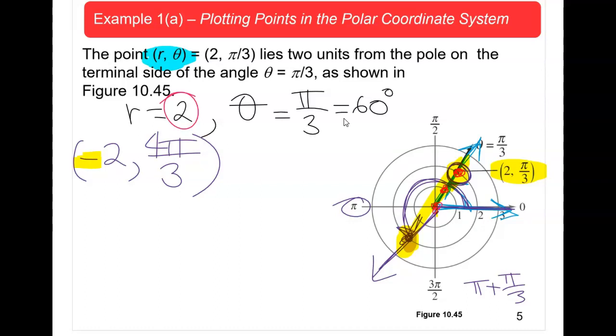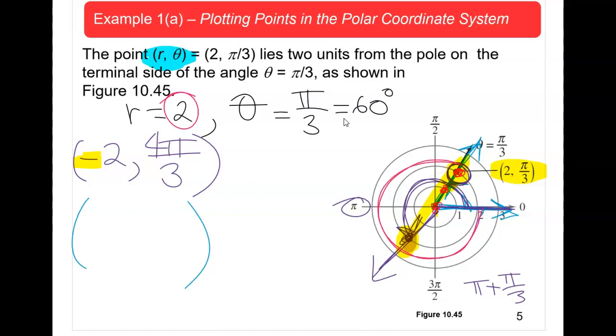We could have also used a negative angle. So for example, if we have a negative angle, I could say all the way here in the clockwise direction to here.